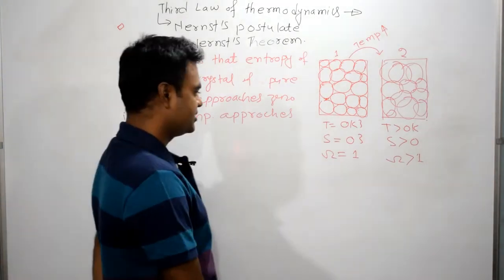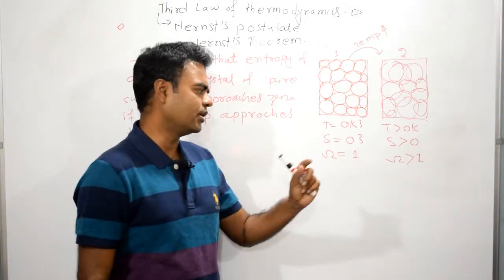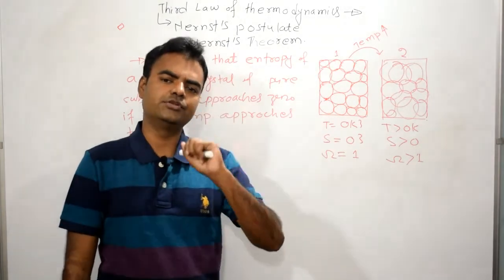What is the meaning of this? Entropy is equal to 0 for a perfect crystal of a pure substance if the temperature is equal to 0 Kelvin.